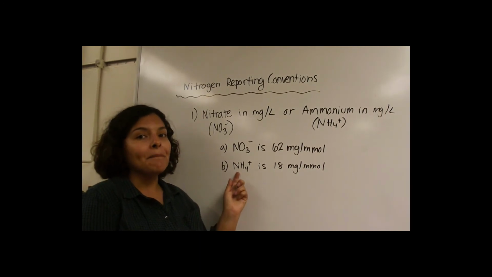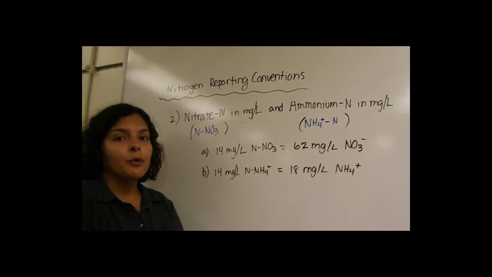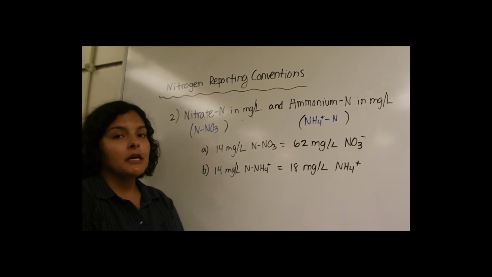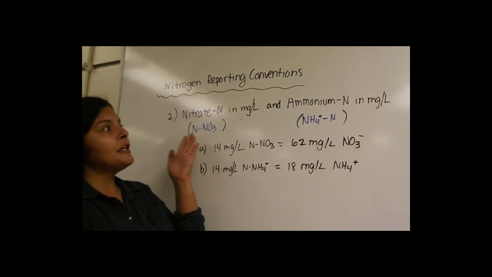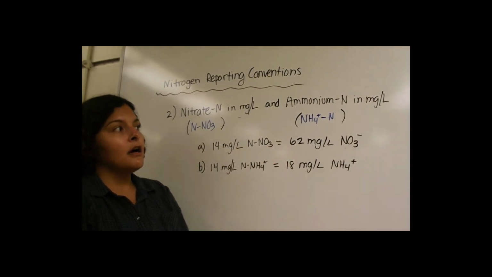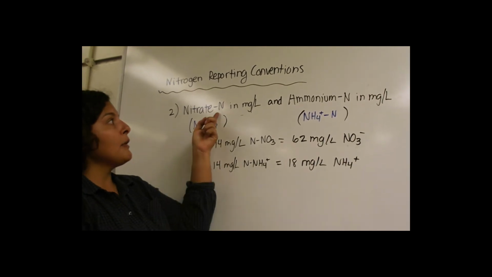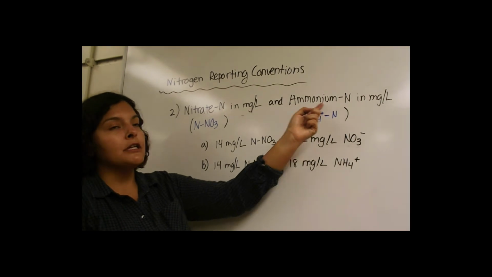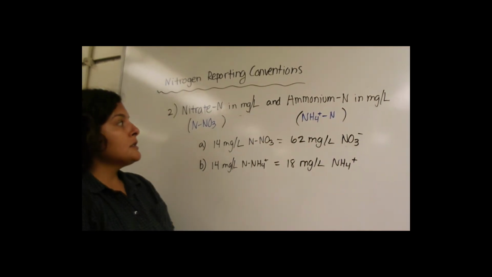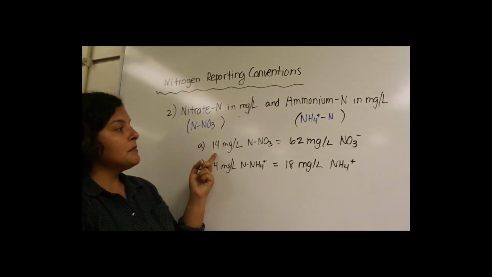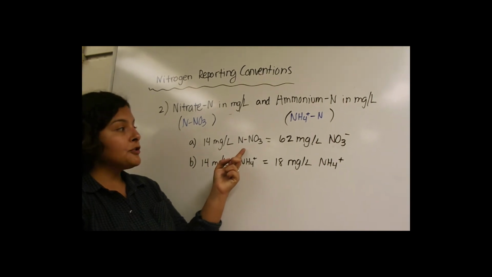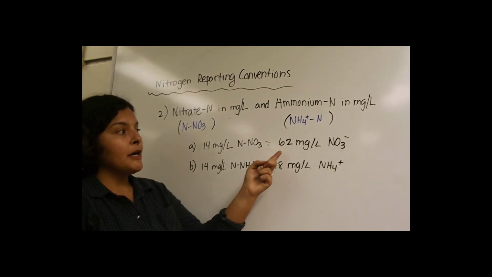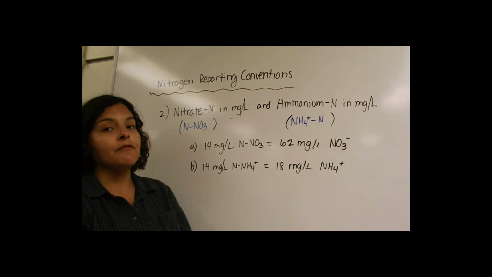Another way you can report nitrogen concentrations is by using the nitrate N or ammonium N concentration. This is the amount of nitrogen that's attributed to nitrate or the amount of nitrogen that's attributed to the ammonium. So here 14 milligrams per liter of nitrate nitrogen is the same as 62 milligrams per liter of nitrate.